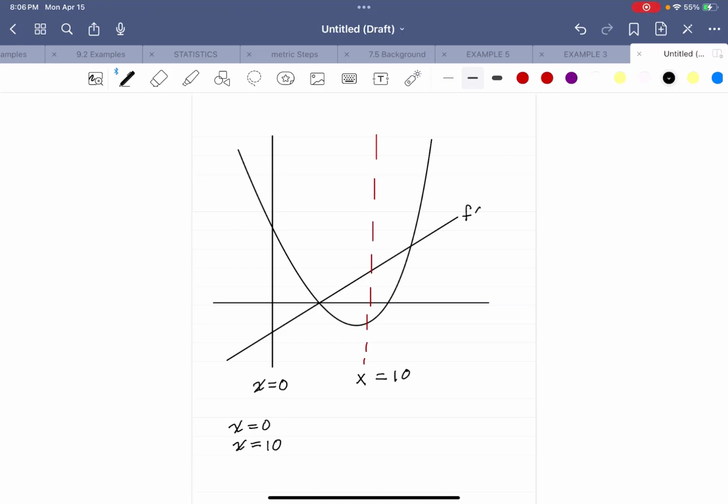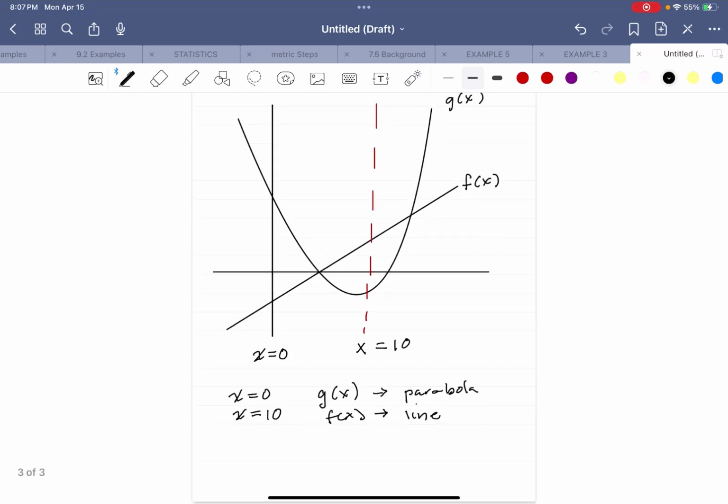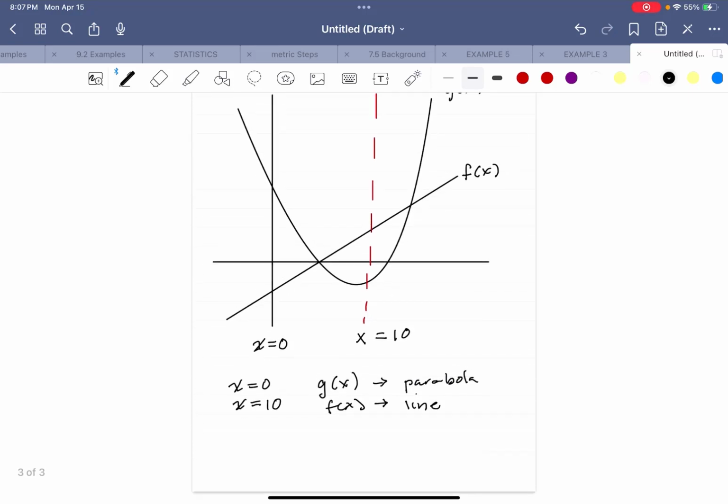We'll call this one f of x, the line, g of x, the parabola. I'm not going to give you specific functions right now. It doesn't really matter. So g of x is our parabola, and f of x is our line. Now, I'm only going to go up to 10. So the area I'm trying to find is all this area in between these, just right here. Okay? Now, we will have to find this point right here, because, look, it's switching.